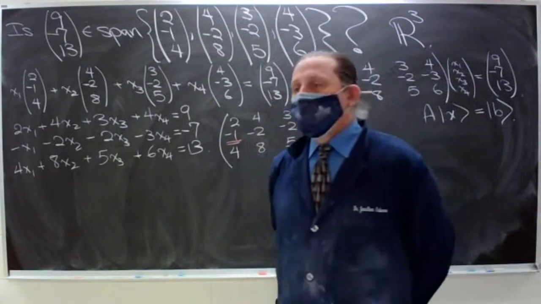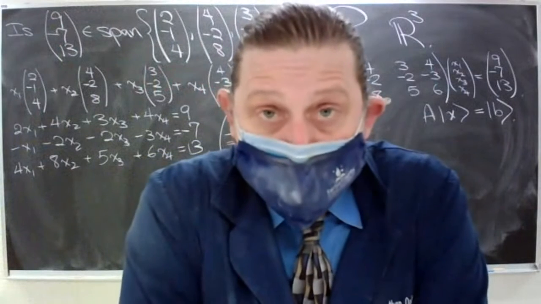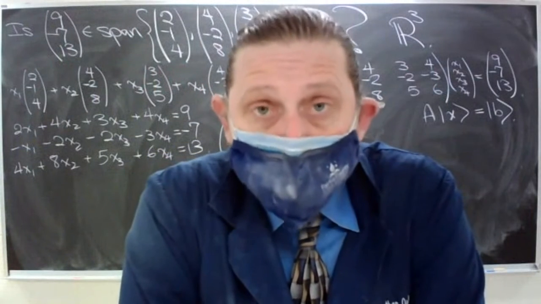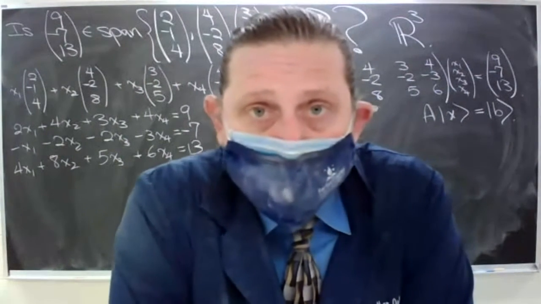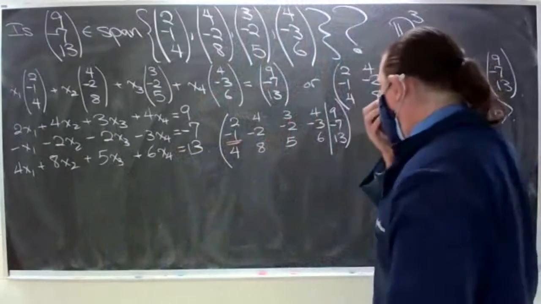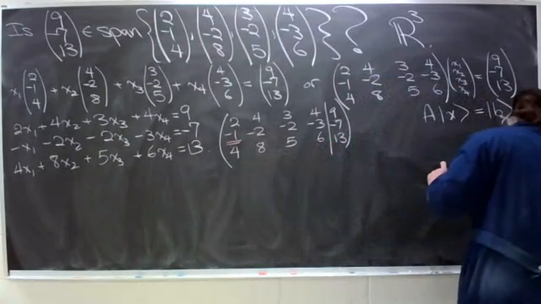So we begin by choosing an element of the first column to elevate to pivot status. Okay? So this is going to be a pivot.